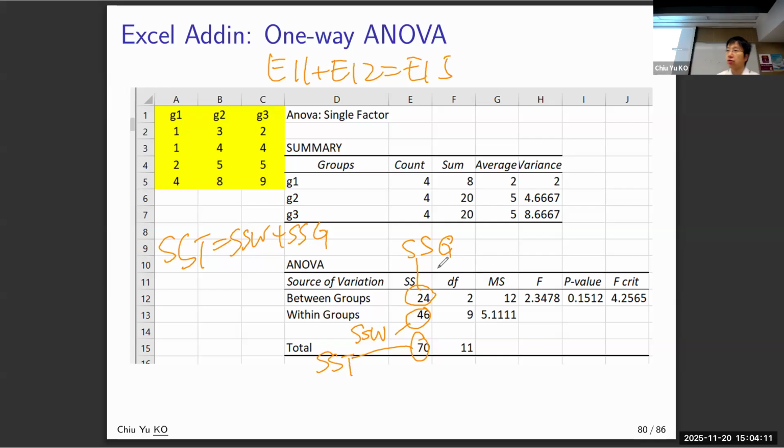That's something you know already. Why is it true? Because for each observation, look at the 12, 13, 15, sorry, sorry for my misread.